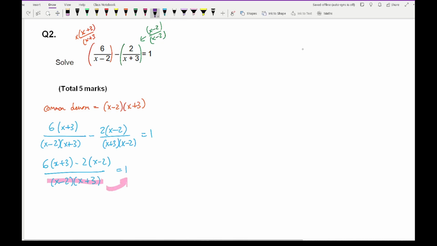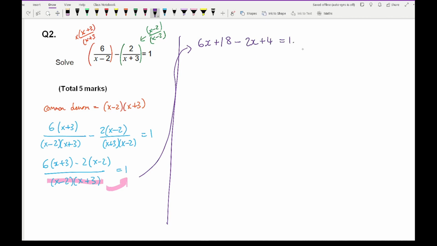So what I then end up with is 6x plus 18 minus 2x plus 4, and that equals 1 times x minus 2 x plus 3.